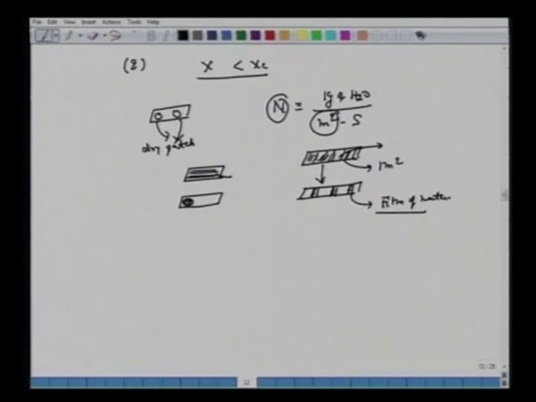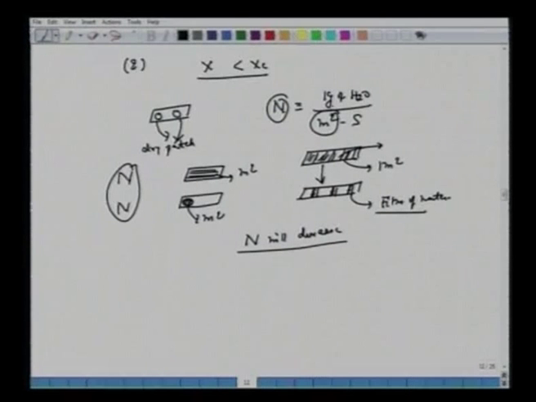If we take only this meter square, then the two rates should be the same. Still, when you measure per meter square, then this will happen, that n will decrease. So you have to be careful when we say the rate decreases or does not decrease, because it depends upon how you are reporting this rate.